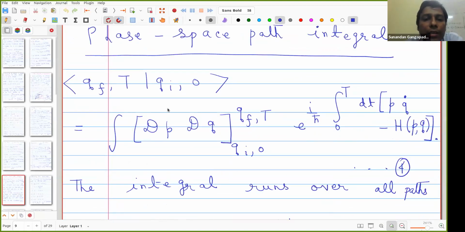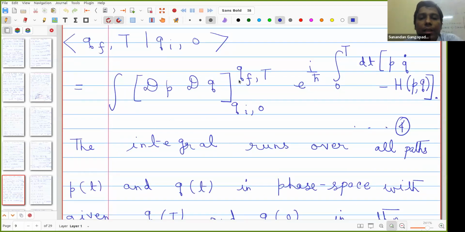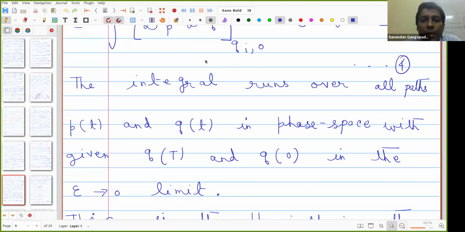This is nothing but a sum over all possible paths in the phase space, which start from qi, 0 and end at qf, t. We mentioned that this is the phase space form of the path integral.